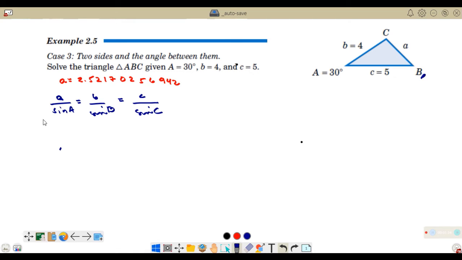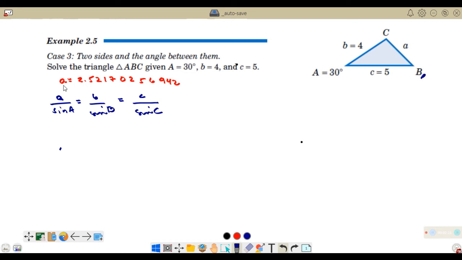So, the problem we had earlier, when we did not have A yet, is that if we choose any two ratios for finding the missing values or the unknowns, there are always two unknowns left. When we did not know A yet, we have A over sine 30 equal to B, which is 4 over sine B. So there are two unknowns, A and B. The same goes for pairing A over sine A and C over sine C. We have C, which is 5, but angle C is also unknown. So there are two unknowns, A and angle C. If you use B over sine B and C over sine C, there are again two unknowns, angle B and angle C, which will not give us any value of the unknown by the use of law of sines.